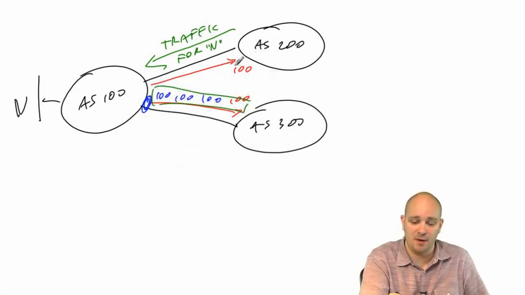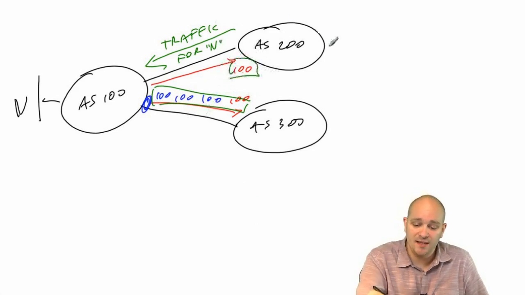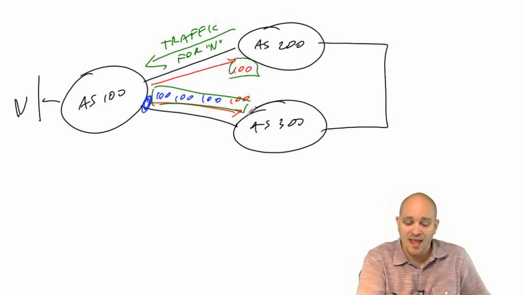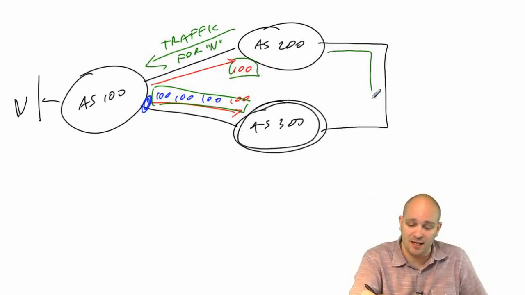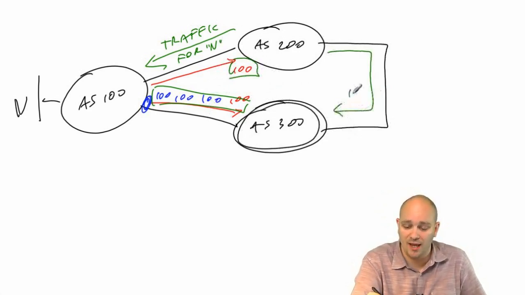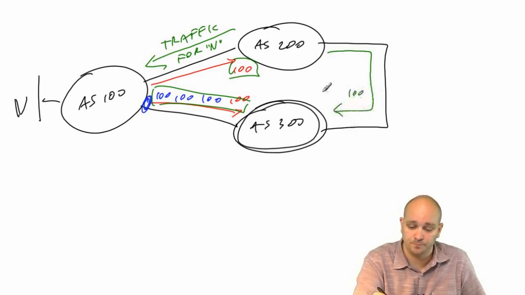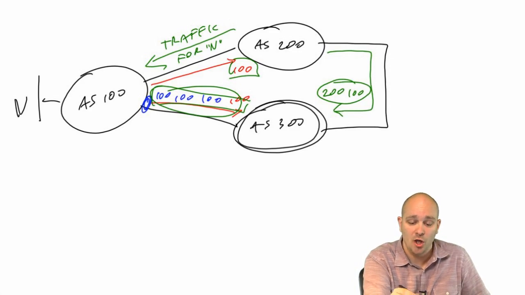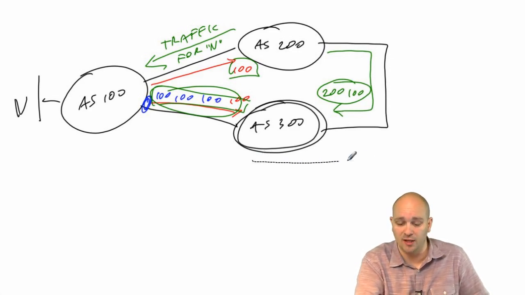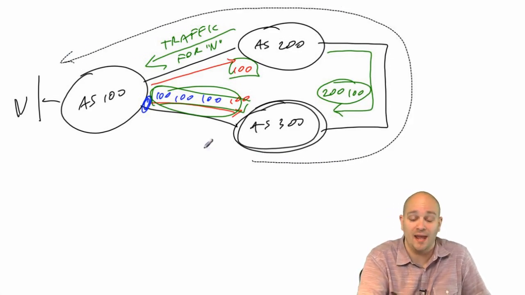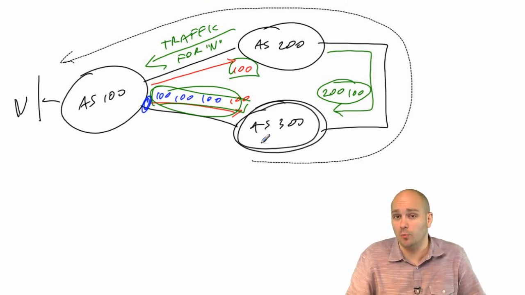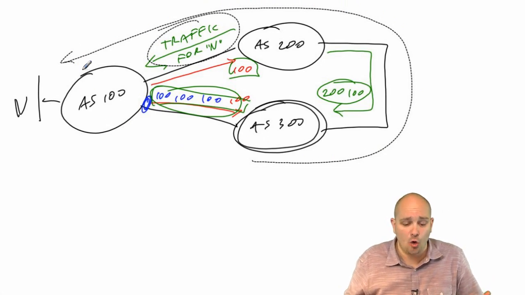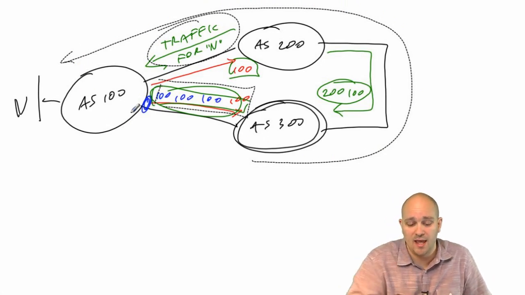And this is the AS path that is going to be considered here. Given that AS 200 and 300 have the connections between them, AS 300, when it receives the update from AS 200, is going to have the AS path 100, 200, which is still shorter than this one here, which means that the traffic for our network N will actually go this way. And we have accomplished what we wanted to do in the first place, and that is to receive the traffic for network N over this link and use this one here as backup.